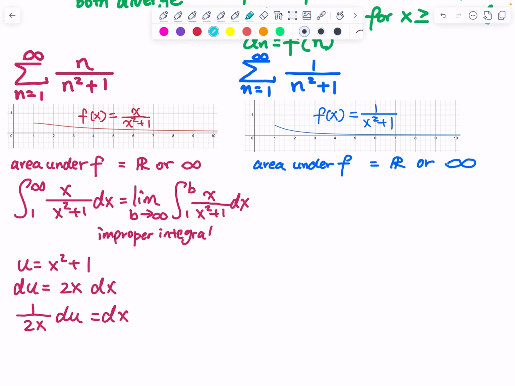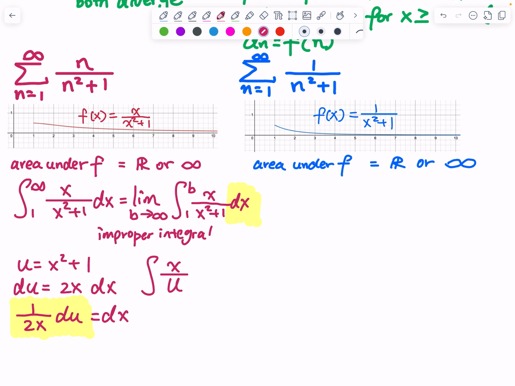I will replace this dx here, and replace that dx here. Regarding the upper and lower limits, the b and the 1, they are in terms of x, so I will not touch them at this point. I will just go ahead and perform the integration. We have the integral, the top is x, the bottom is u, right?